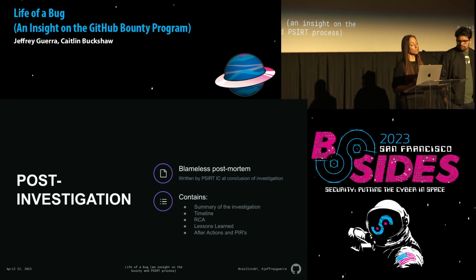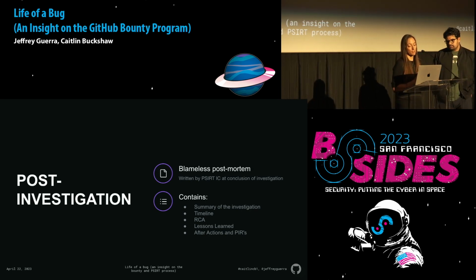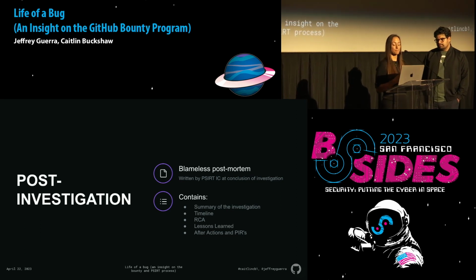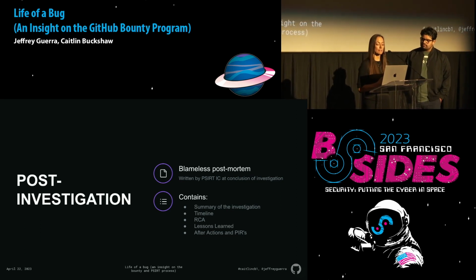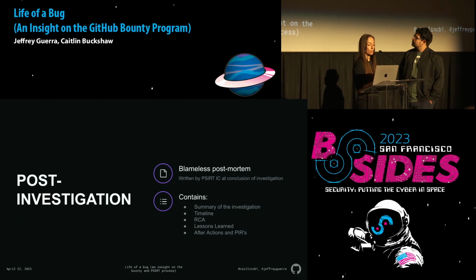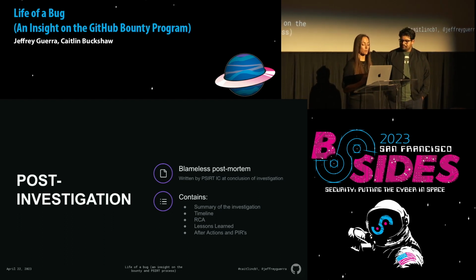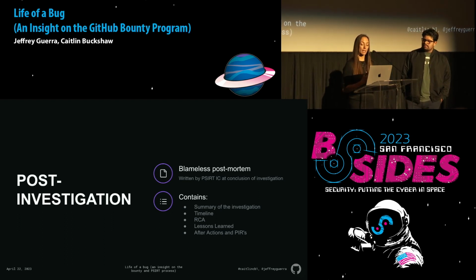So now we're working into the post-investigation side of the house. The PSIRT IC is going to take all the information, everything we've done throughout the investigation, and put that in a blameless postmortem. At GitHub, we're very big on promoting a blameless culture. It's all a learning experience for us, and it's very important that we maintain that.